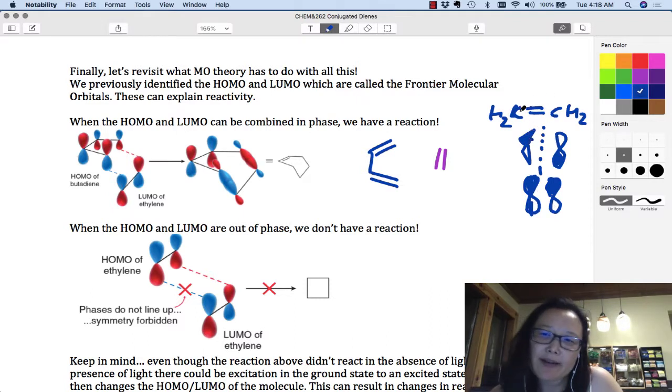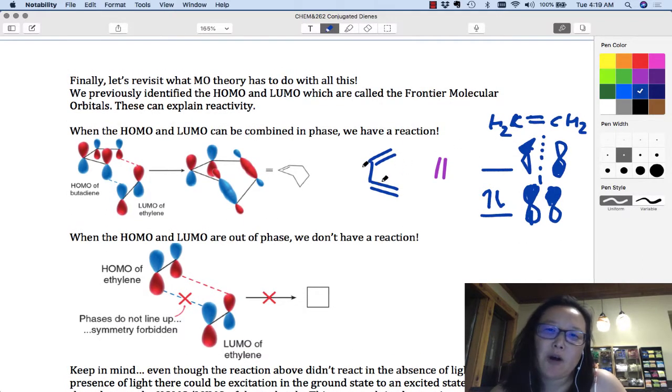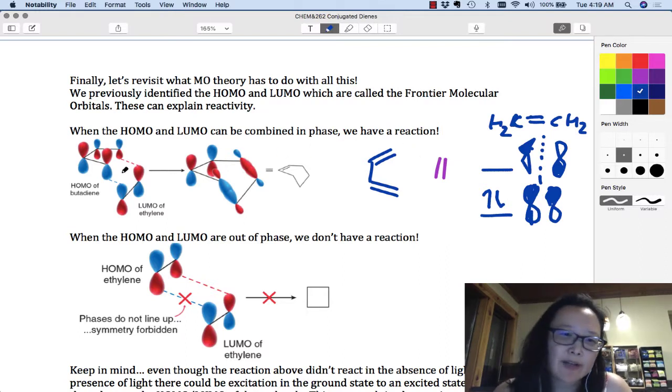And for ethylene, we only have two pi electrons. So we have the HOMO down here and the LUMO right here. So now we're going to consider the molecular orbitals, the HOMO and LUMO for the butadiene and the HOMO and LUMO for the ethylene. So here are the different combinations.